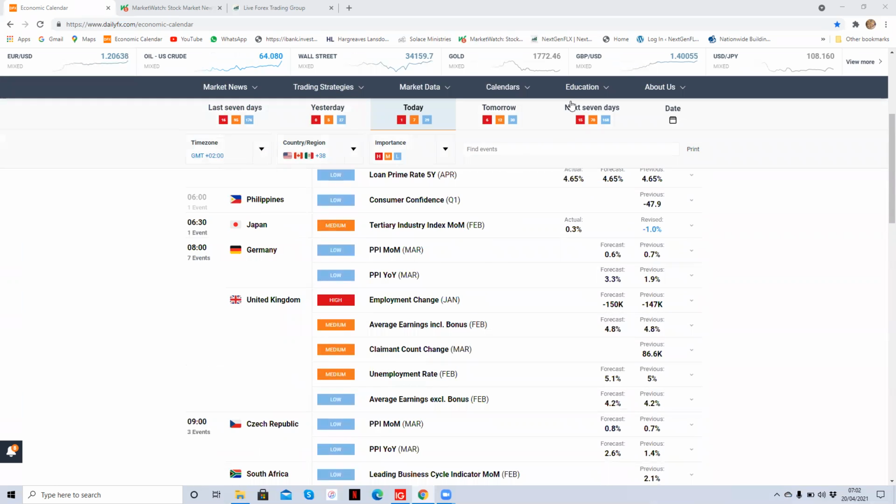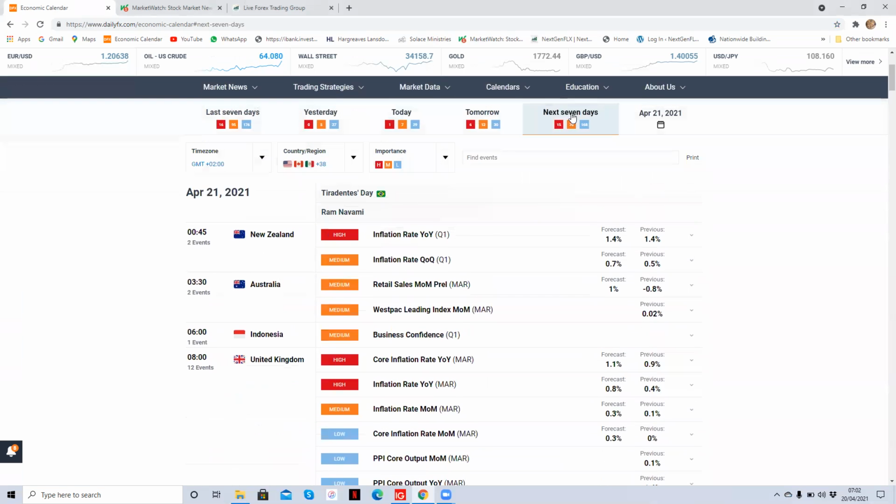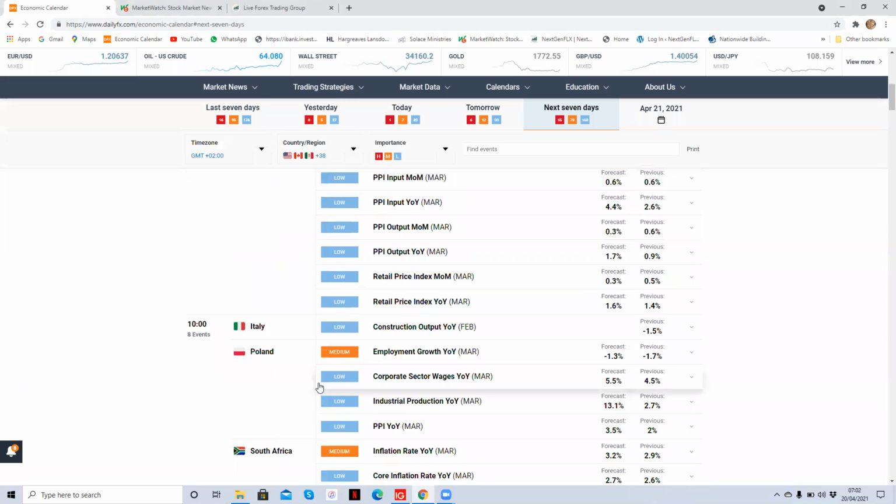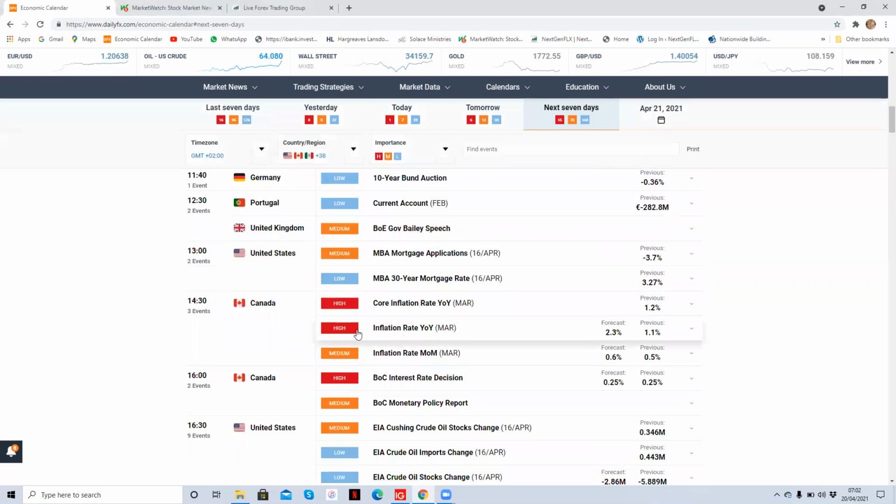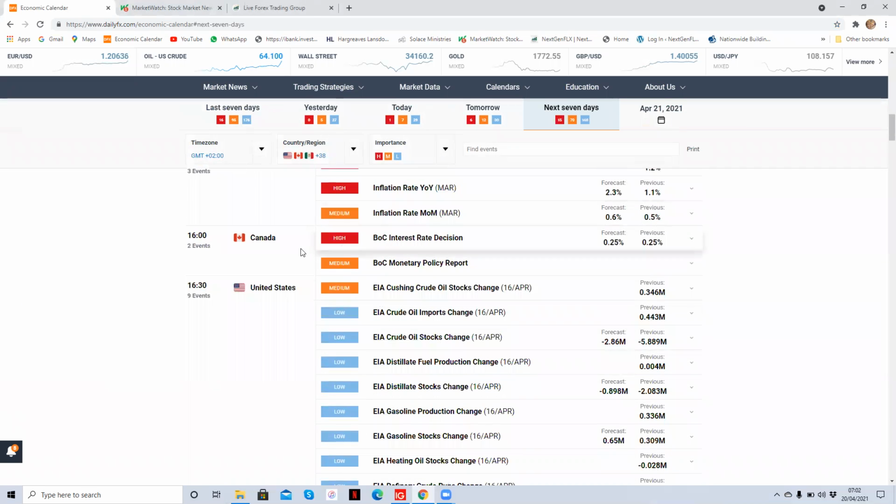But again, as usual, you want to look at the rest of the week to see what's coming out, which could actually impact your trading today. So as you can see, tomorrow, Wednesday the 21st, we have the UK inflation rate and the Canadian inflation rate. But the big one tomorrow is the Bank of Canada interest rate decision.